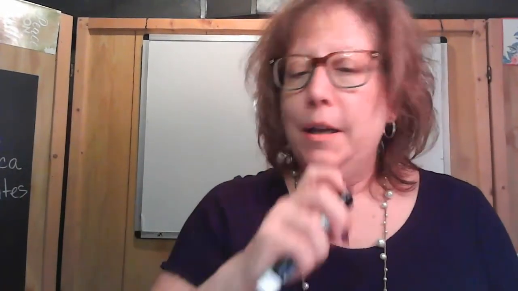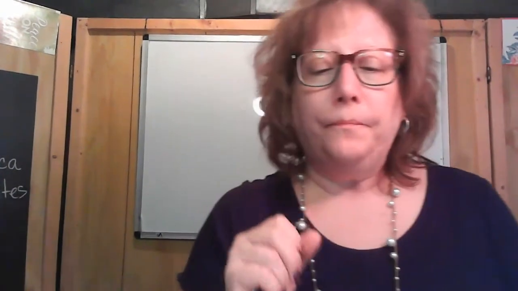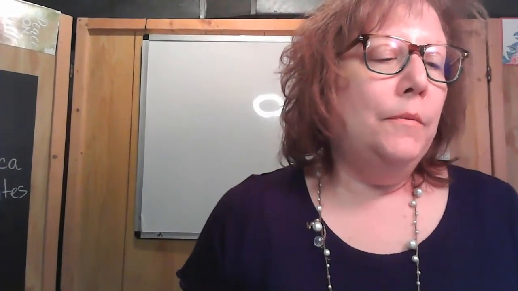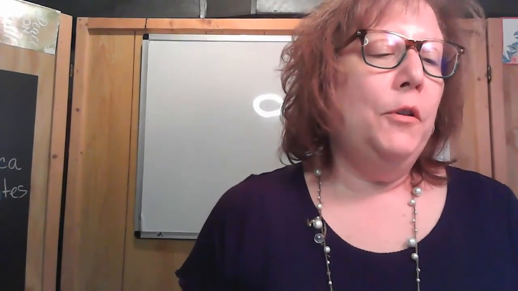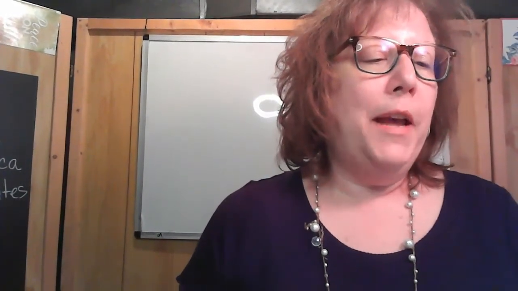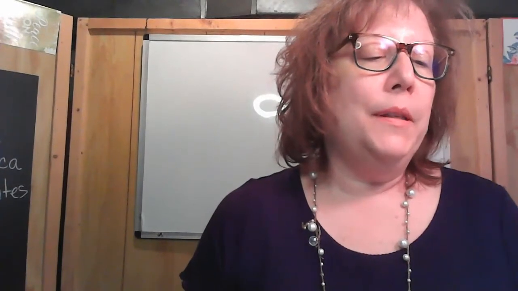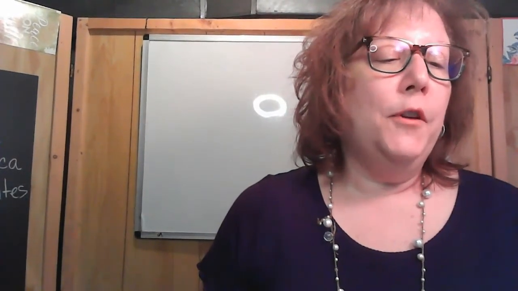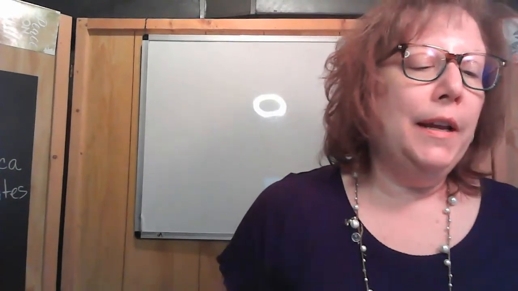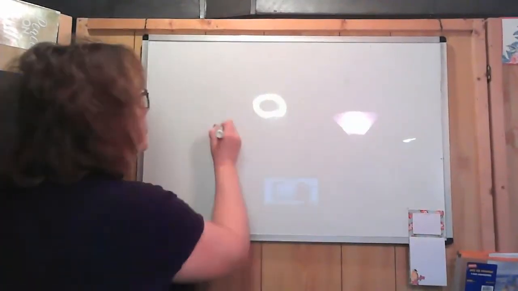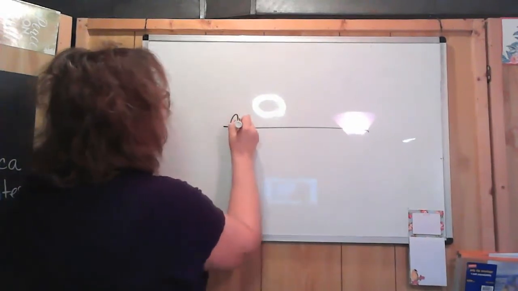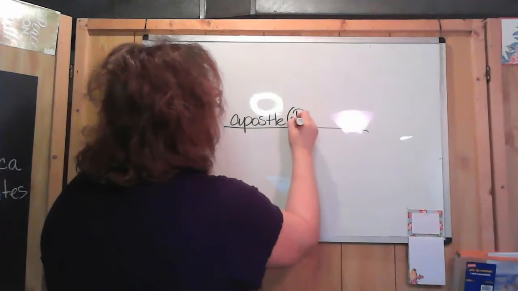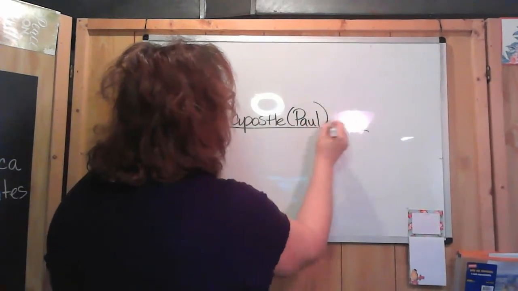Let's take a look at the way that you diagram these. If you look at page 46, about halfway down, where it says the Apostle Paul visited Macedonia, a region of Europe, you will see that it is put in parentheses. So we have Apostle, and Paul goes in those parentheses.